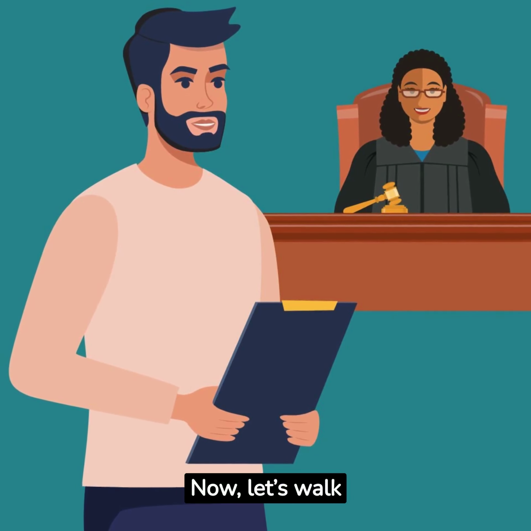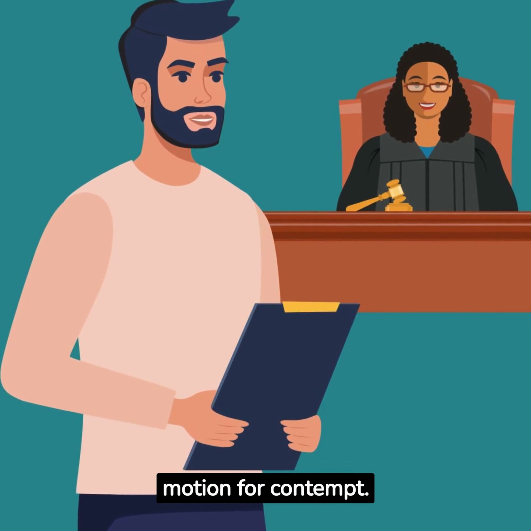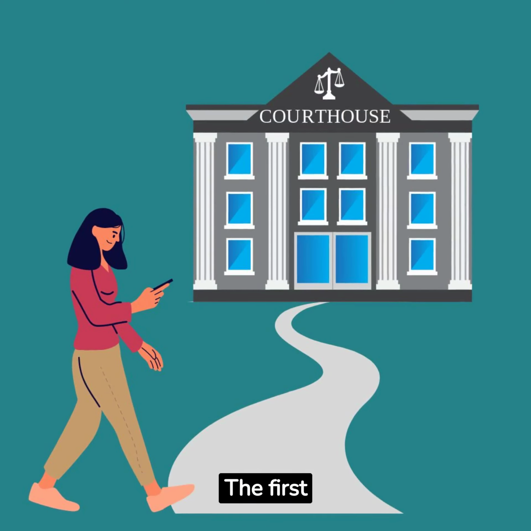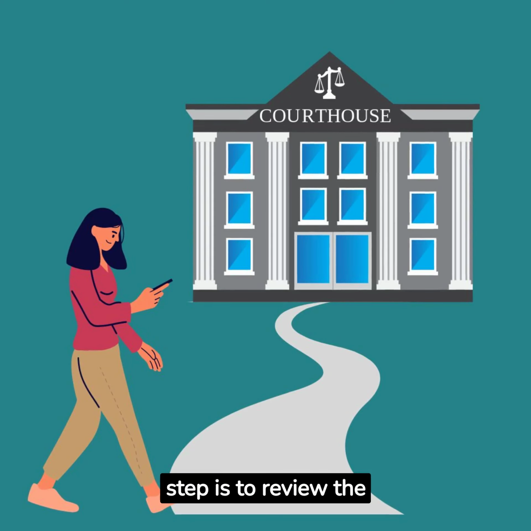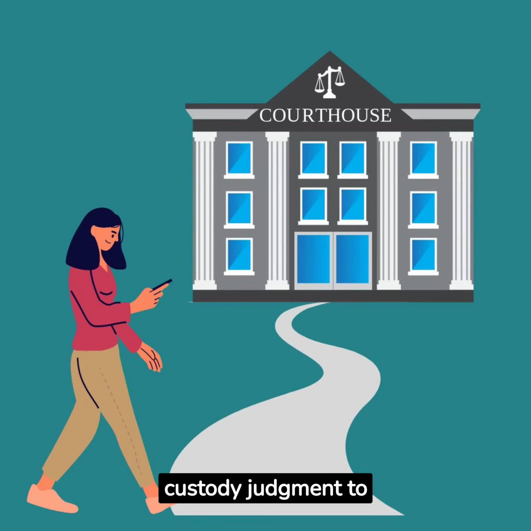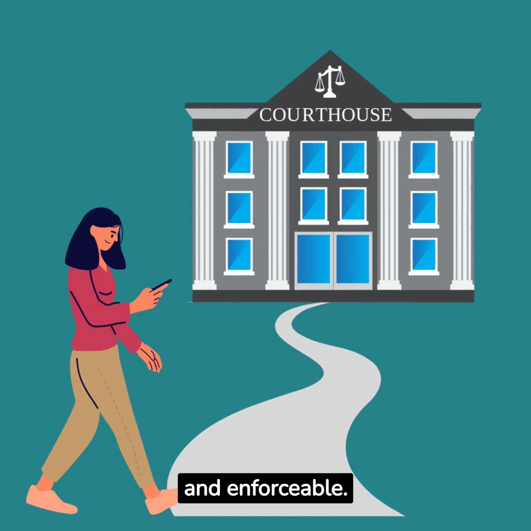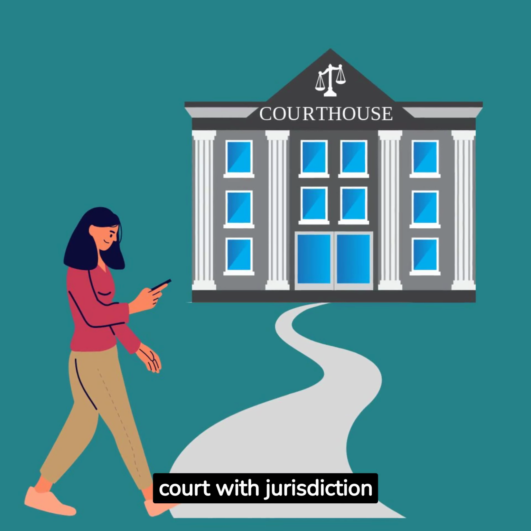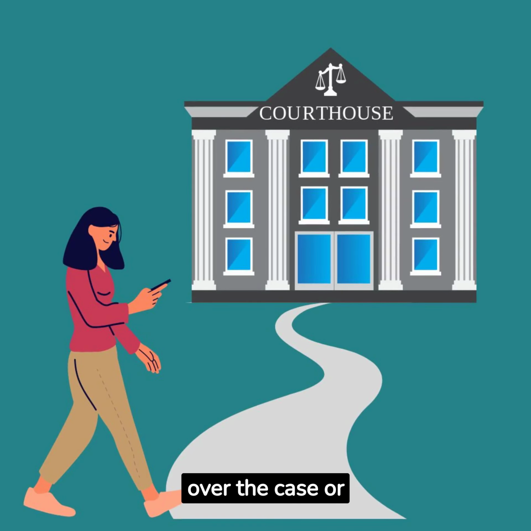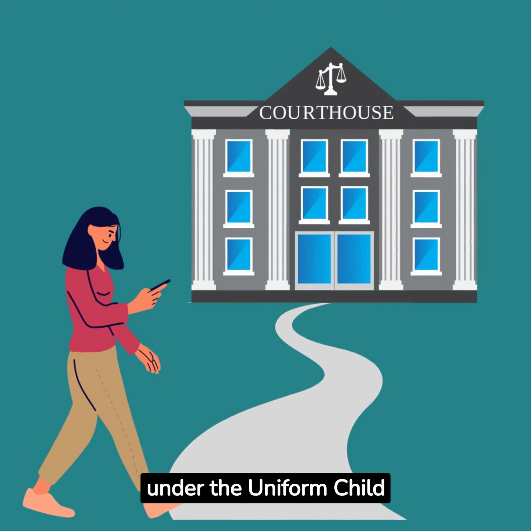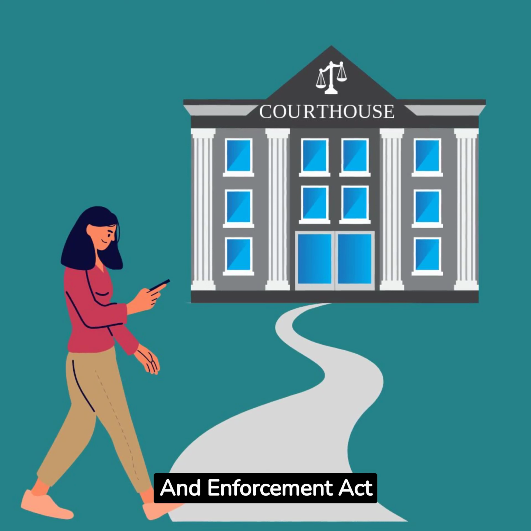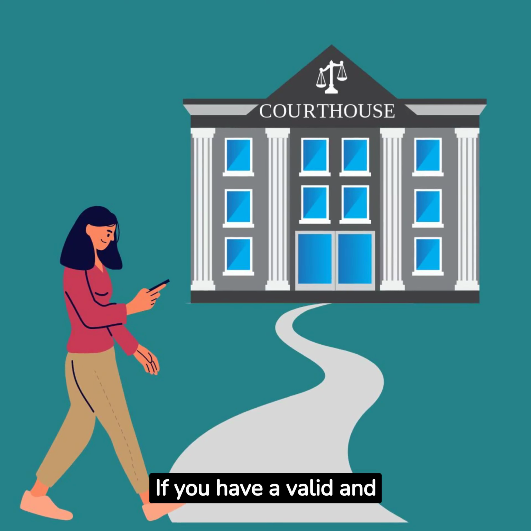Now, let's walk through the steps to file a motion for contempt. Step 1. Determine whether you qualify. The first step is to review the custody judgment to ensure that it is valid and enforceable. The custody order must be issued by the court with jurisdiction over the case or recognized by the state under the Uniform Child Custody Jurisdiction and Enforcement Act, UCCJEA.